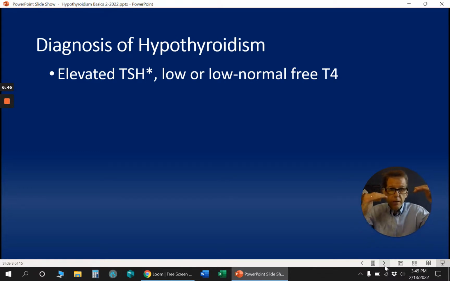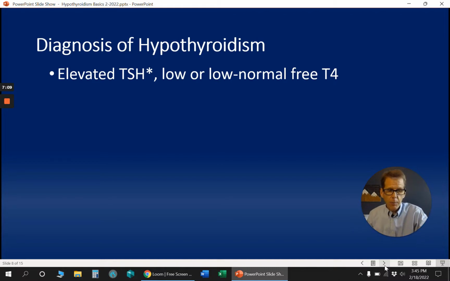Second thing will be the T4 level will drop out of the normal range, and third thing will be T3 levels will drop. And you may or may not have T3 levels measured. That can be an important thing under certain circumstances. But the majority of people who have low thyroid can be diagnosed just with this combination of the elevation of TSH and low normal free T4.